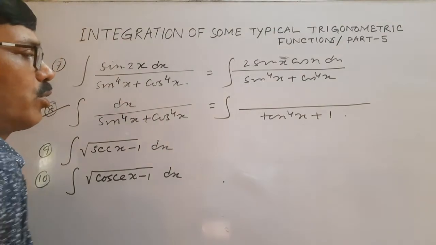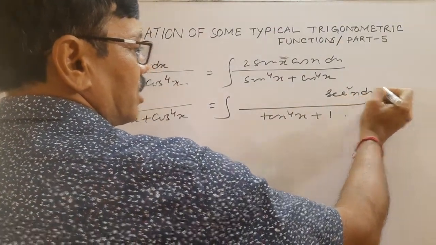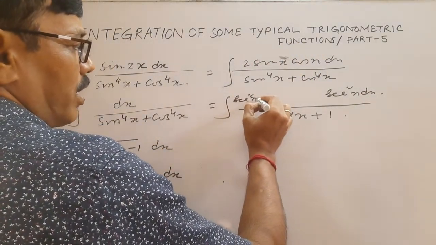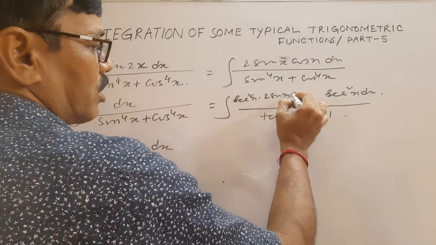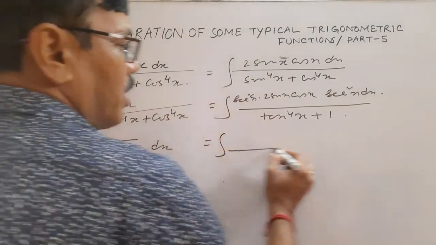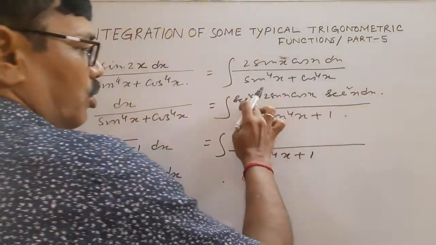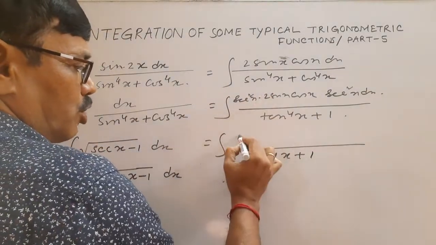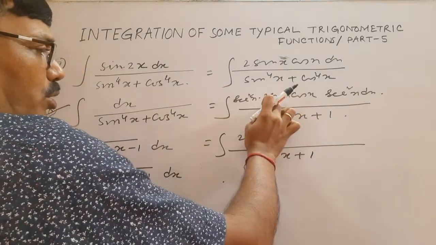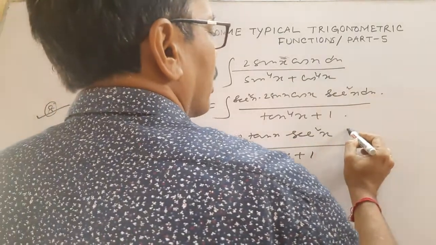So this is tan to the power 4x plus 1. So one sec square x is unchanged, and sec square x into 2 sin x cos x. So multiplying throughout by sec to the power 4x, you have to recall it. If we simplify this, this is 2 tan x, and 1 by cos, so tan and 1 by cos cancel out. Sec square x dx.